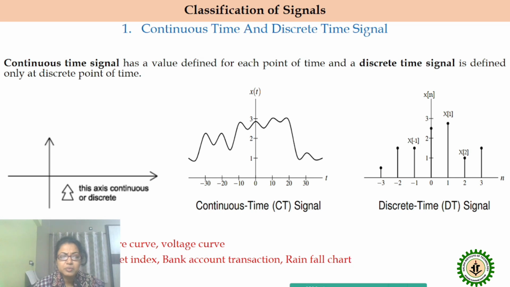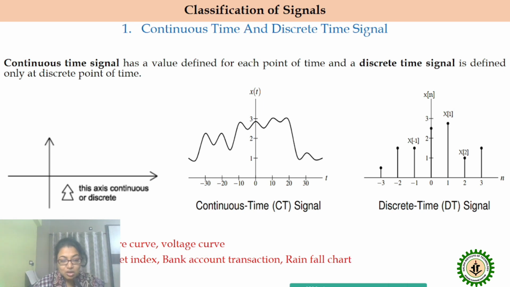Some examples are the temperature curve, voltage curve, or if you consider an ECG signal, all are continuous in domain. But for discrete time, nowadays most of the time we do transactions on Paytm, Amazon Pay, and you can have the history of transactions.